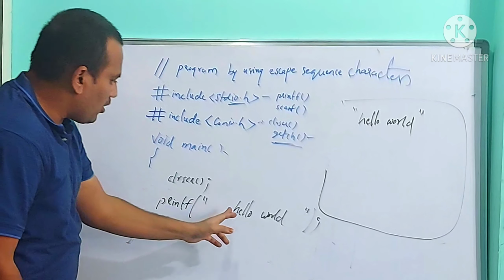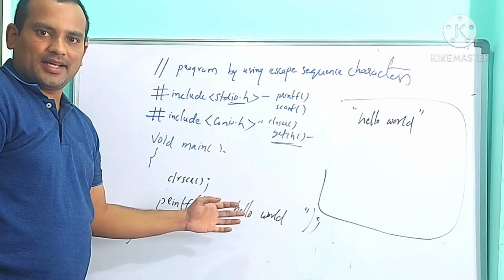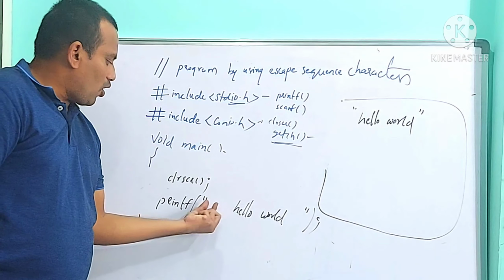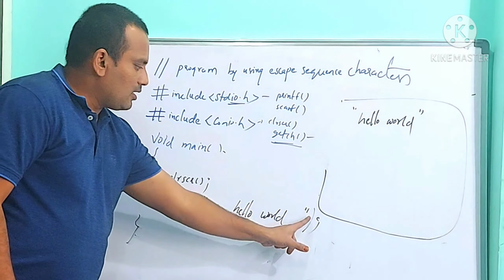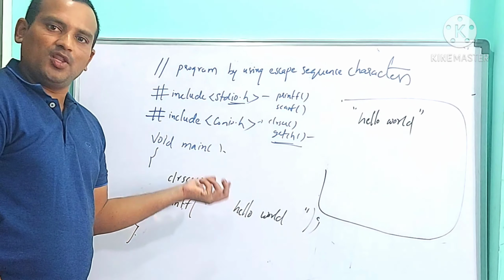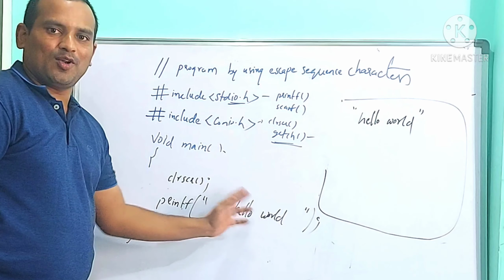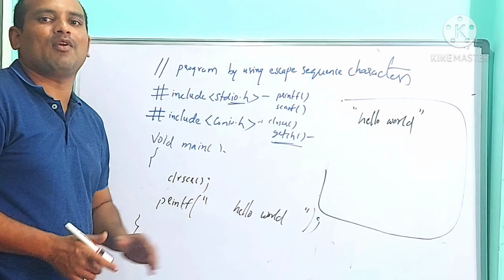You are writing hello world in double quotation marks, but the runner doesn't take care of them, because the starting double quotation of printf represents the start of the message, and the second double quotation represents the end of the message. Even if you write hello world in double quotation, the runner prints only normal hello world without them.